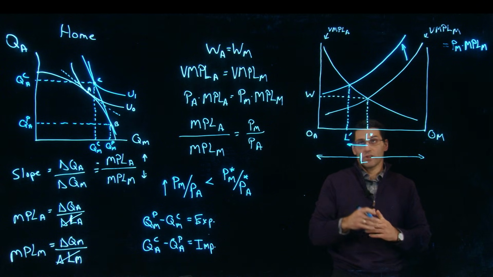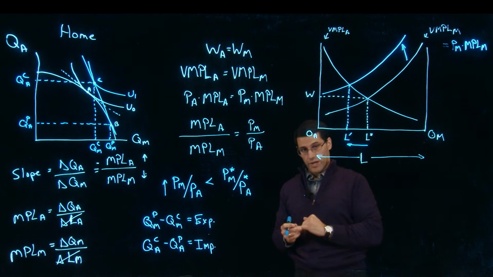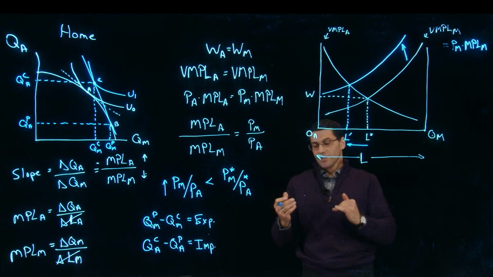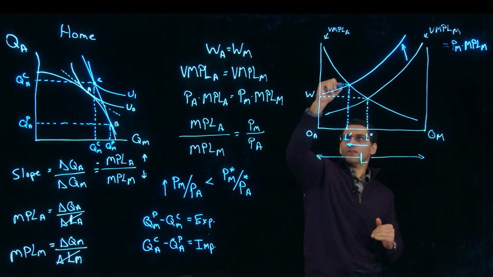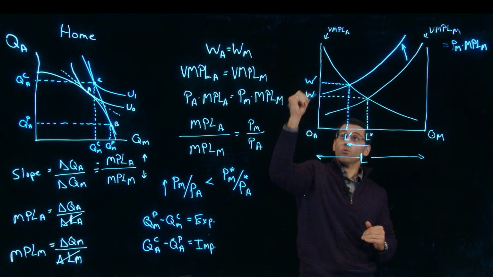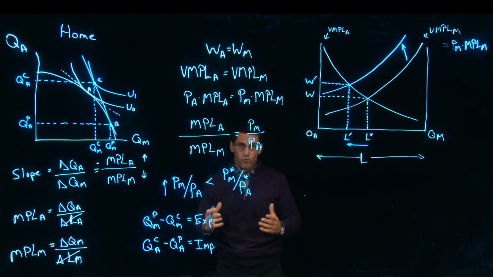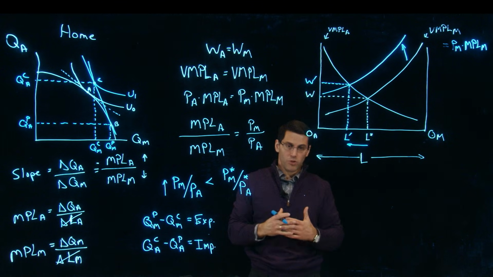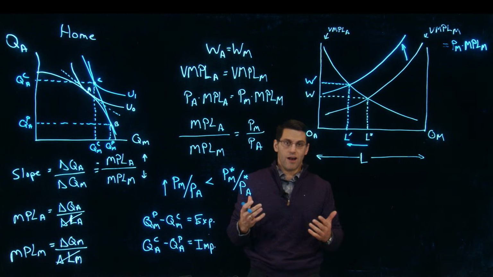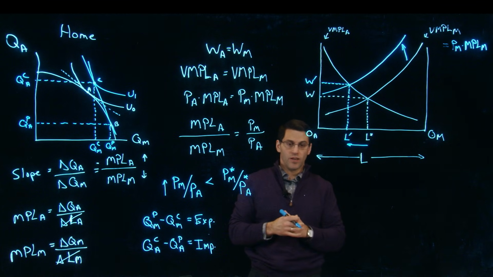Now the question is, how do we take this and translate that into changes in the real wage? Okay? So it's easy enough to see that it looks like the wage has gone up, right? And nominally it has. But workers care about the real wage, right? How much purchasing power do they have with their earnings?